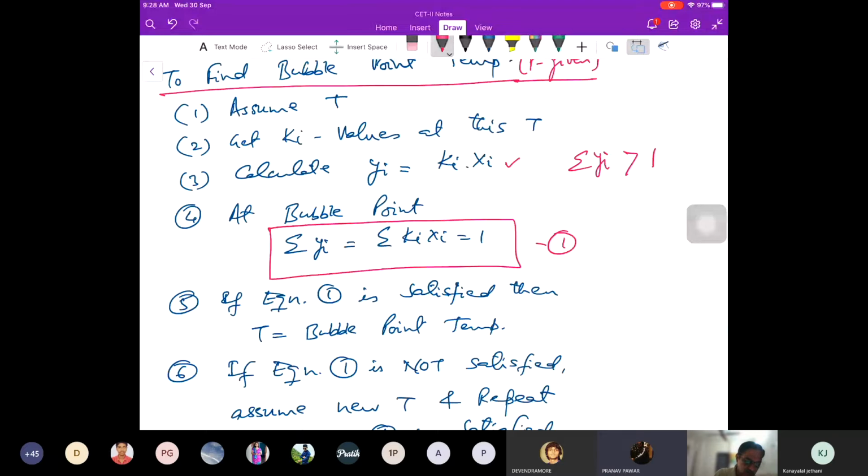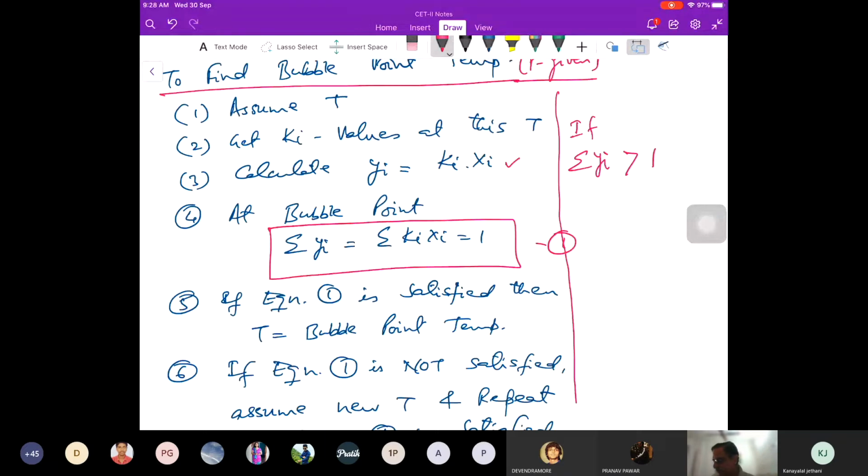Yes सर. Suppose I say summation of Y is greater than 1, then what should I do? Temperature क्या करना पड़ेगा? Next value of temperature क्या करना पड़ेगा मेरे को?